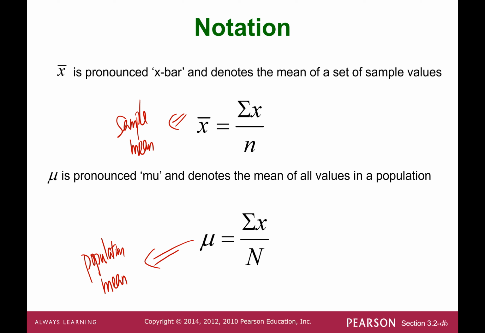So these are just different notations, so pay attention to them. Anytime you see lowercase n, that means you're talking about the sample mean. Uppercase N indicates we are solving for the population mean.